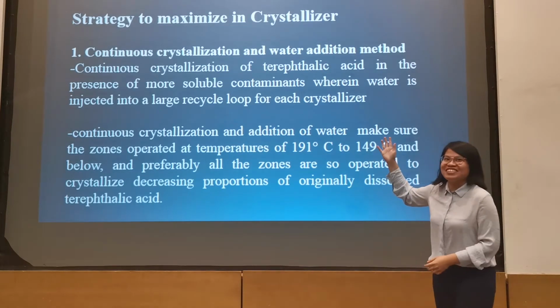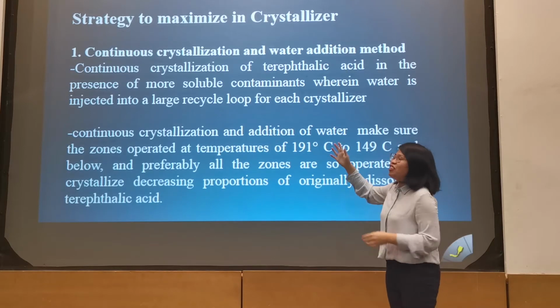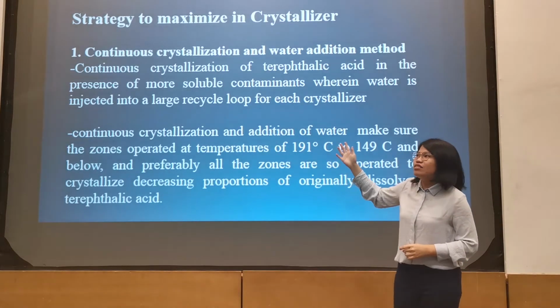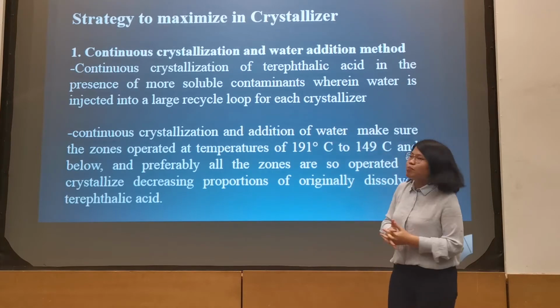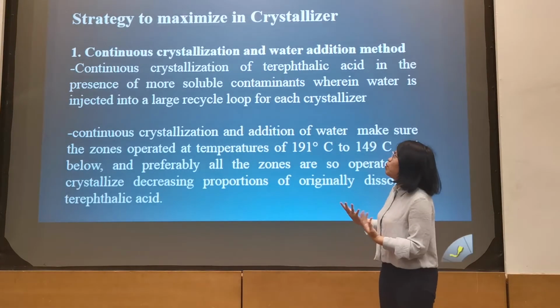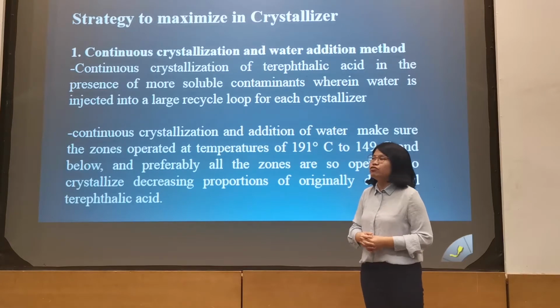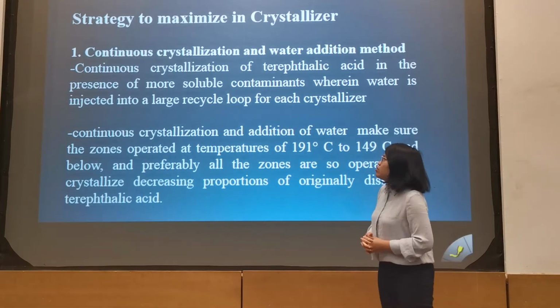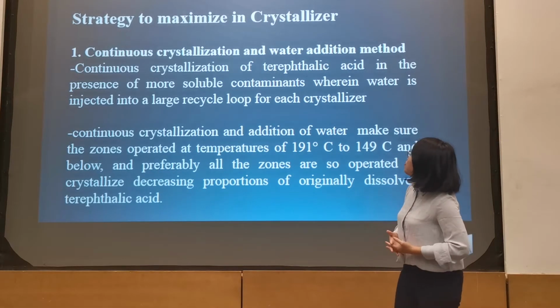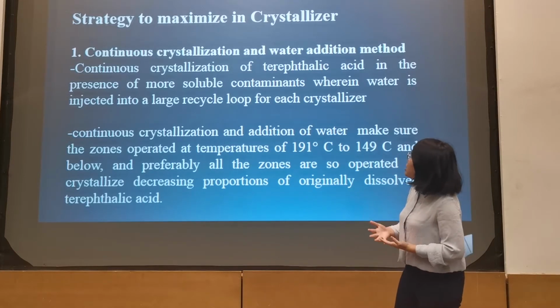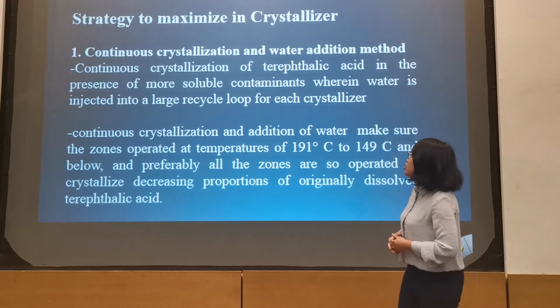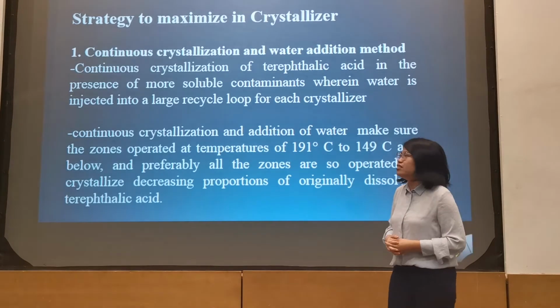Next, I will talk about the crystallizer. According to the journal we read through, continuous crystallization and water addition method can maximize the production of purified TA in powder form. So, continuous crystallization of TA in the presence of more soluble contaminant, wherein water is injected into a large recycle loop for each crystallizer.